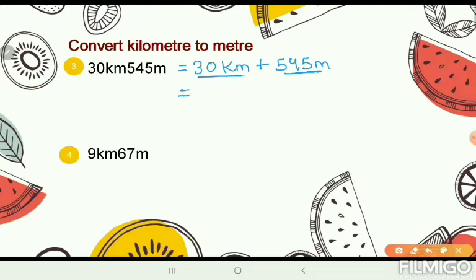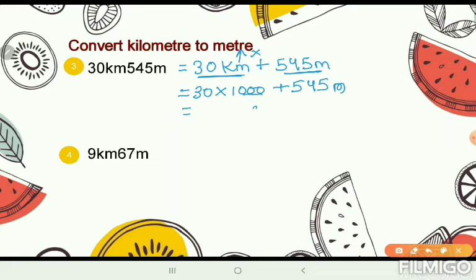Now again we are going to use the same relation. Changing a bigger unit to a smaller unit, we are always going to multiply. So changing 30 kilometer to meter, we have to multiply by the relation. The relation is of 1000 plus 545 meter. Okay, when we are multiplying this, again apply the rule.